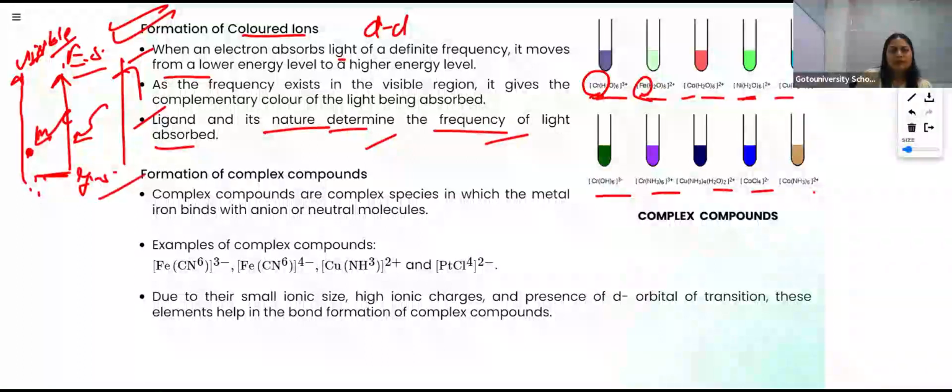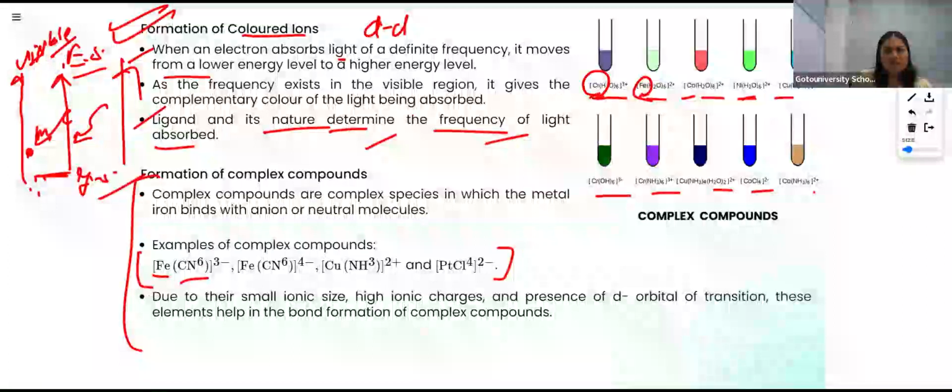All right. We have already discussed how complexes are formed: we need a lone pair donor to form a complex with a transition metal. This is an example of a complex compound where iron is forming a complex with cyanides. Complex compounds are complex species in which a metal, say iron, binds with anions or neutral molecules.